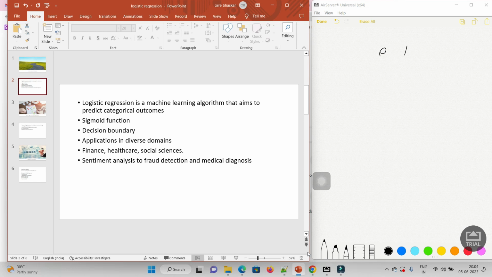So to make sense of the probability output, we use a decision boundary, a threshold that separates different classes. Let's take an example. If you have a plot, these are your points, and it's a binary class problem. So x is one class and the O's are the other points.